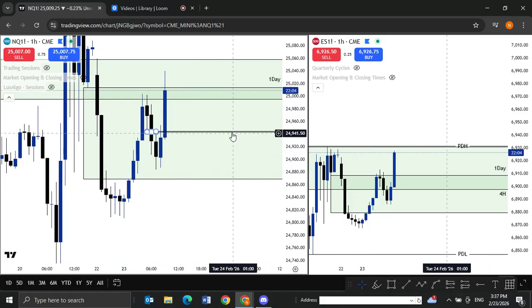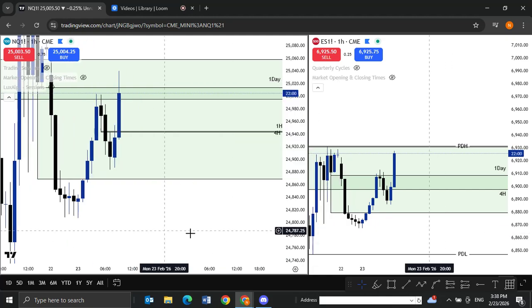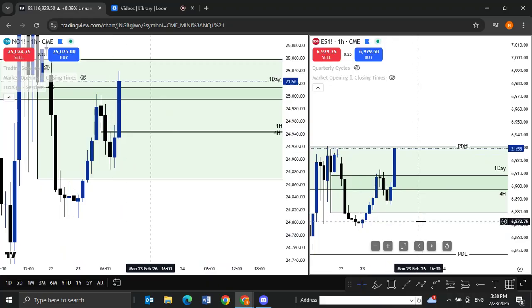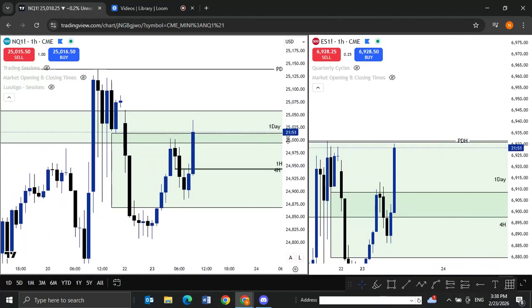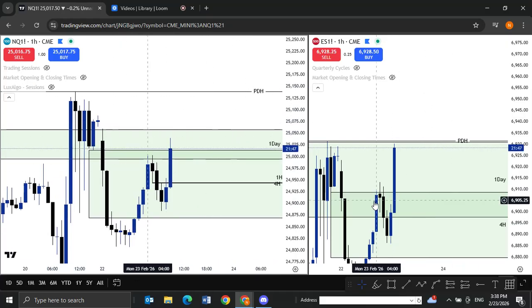Still really good. Let me make it on the top so I can see it better. And there was no value gap, and yes, nice push now. So I feel like I'm going to look for continuation towards this previous day high.